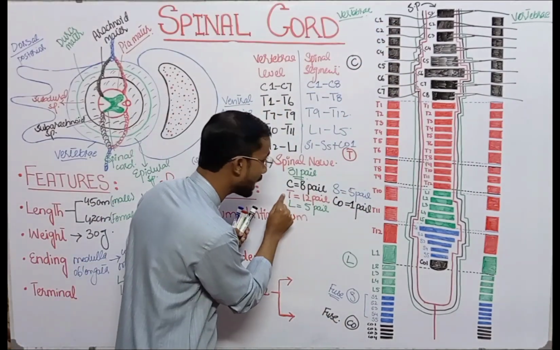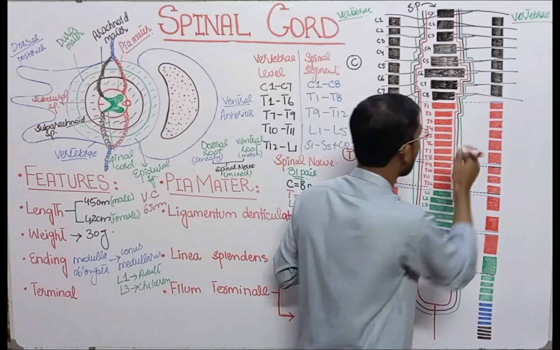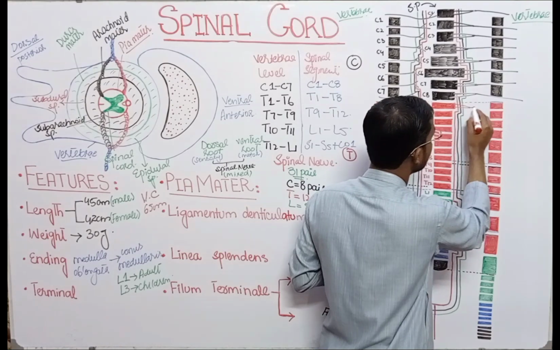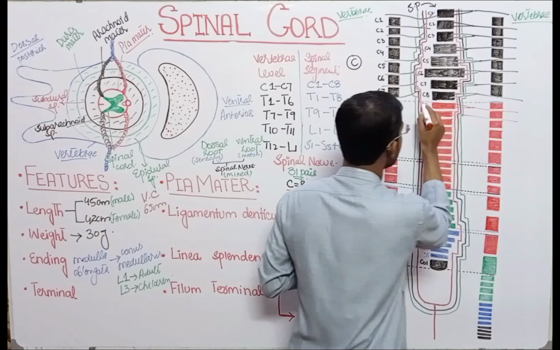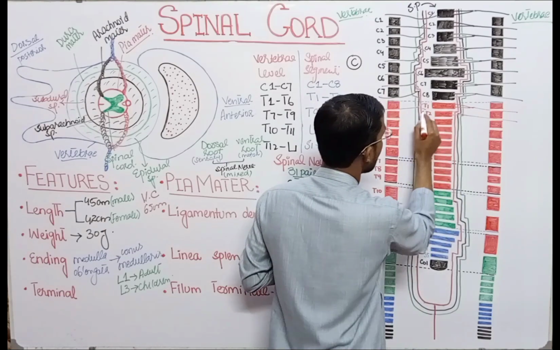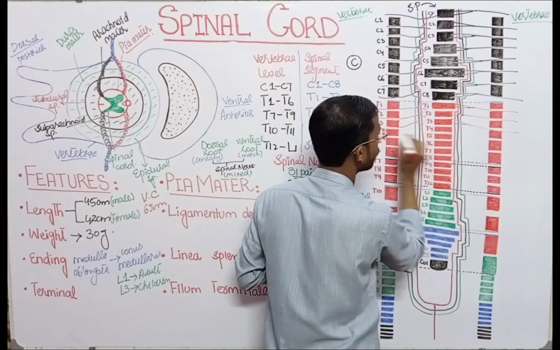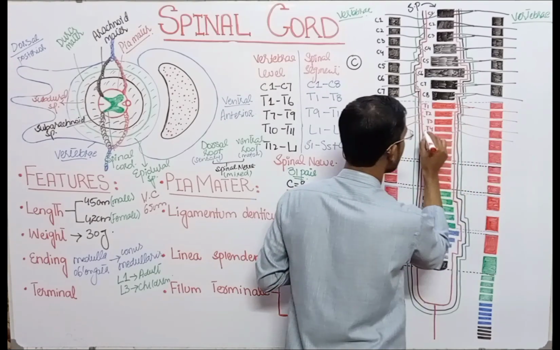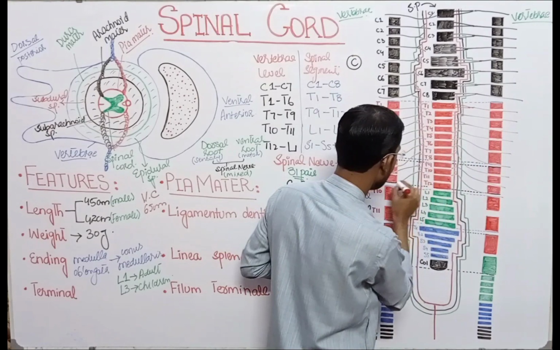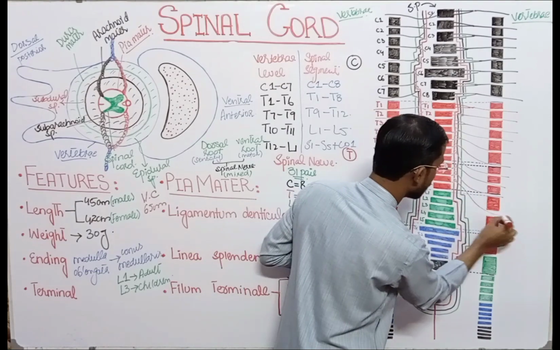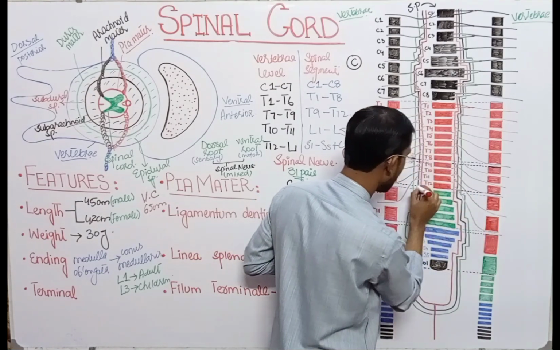Next we discuss the thoracic region, where we see 12 pairs. This is the one pair, this is the 2, 3, 4, 5, up to 10, and here you see T11, T12.